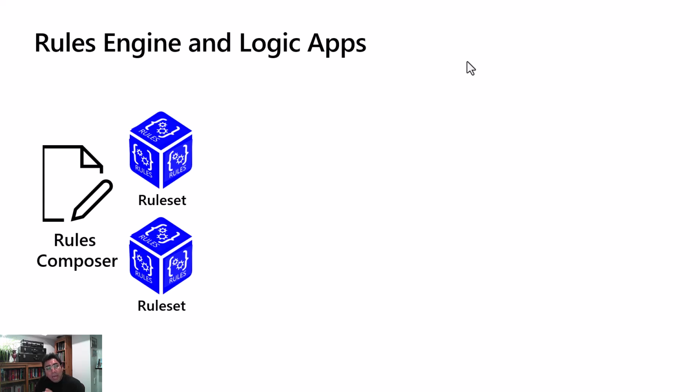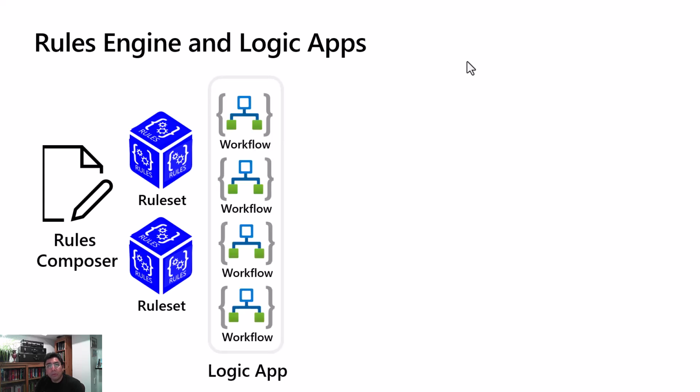So the outcome of a rules composer is a rule set, which is a set of rules. We can create multiple rule sets and upload them into the Logic app that will host a number of workflows. In addition to the rule sets, we can also store vocabularies. We'll talk more about that over the next few minutes.